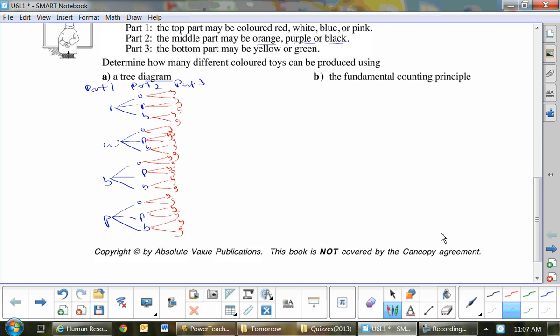The fundamental counting principle says we'll take part 1, which is 4, multiplied by how many options for the next one, which is 3, times how many options for part 3, which is 2, which gives you 24 different toys.